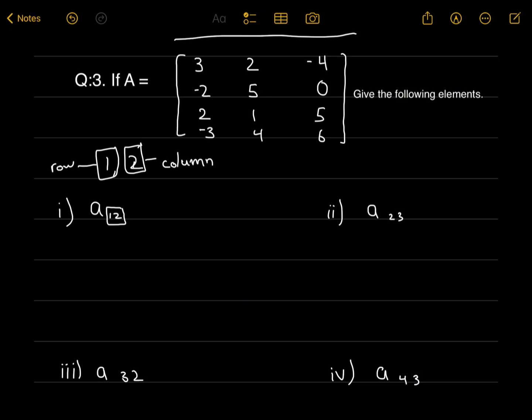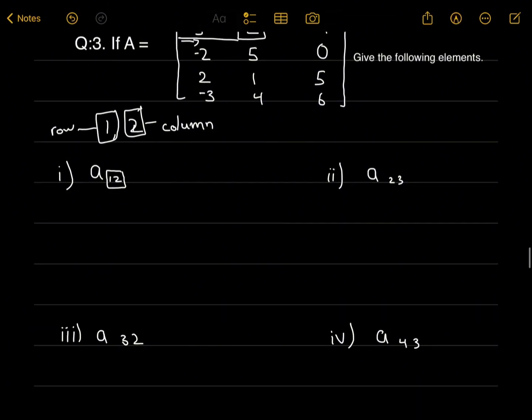So first row and second column, first element is 2. So a12 is a number which is equal to 2.